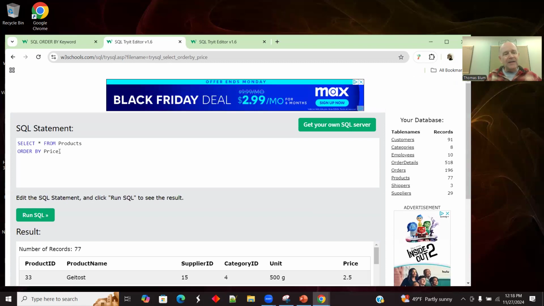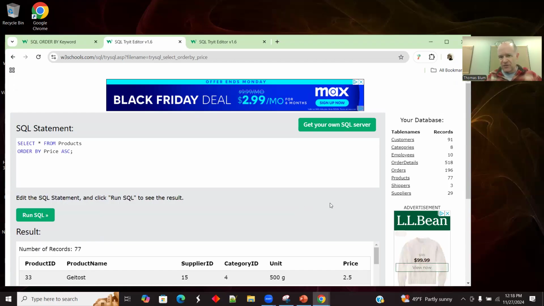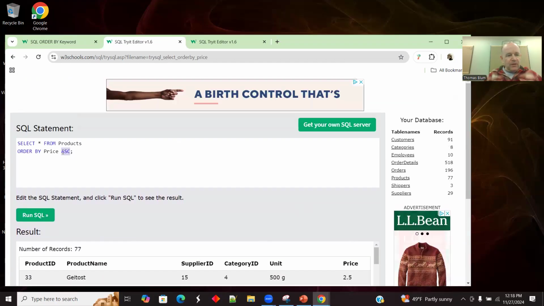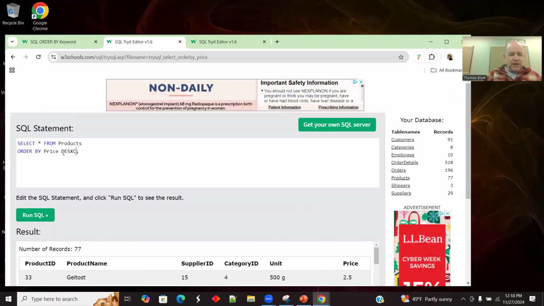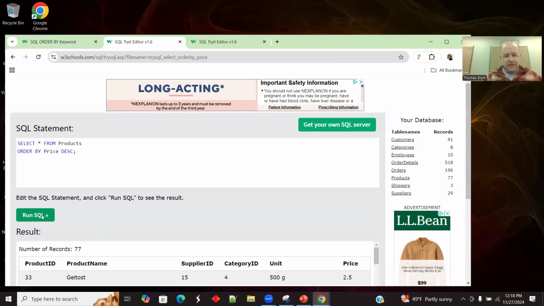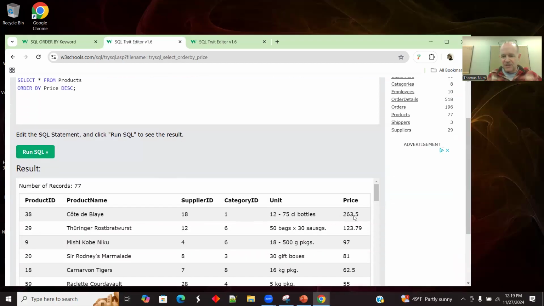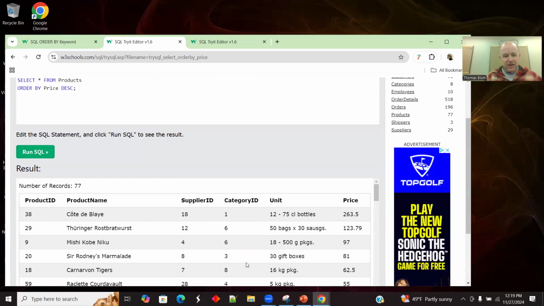So we can add to order ascending. So this will just give us what we had. So by default, it was ascending, but let's just see that that doesn't change it. But then if we want the opposite order, we can go with descending. And then it gives us the most expensive, 263, 123.79 on down. Okay.